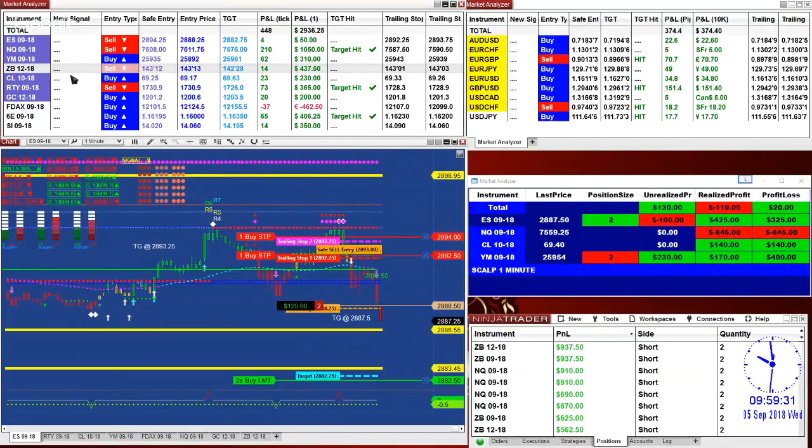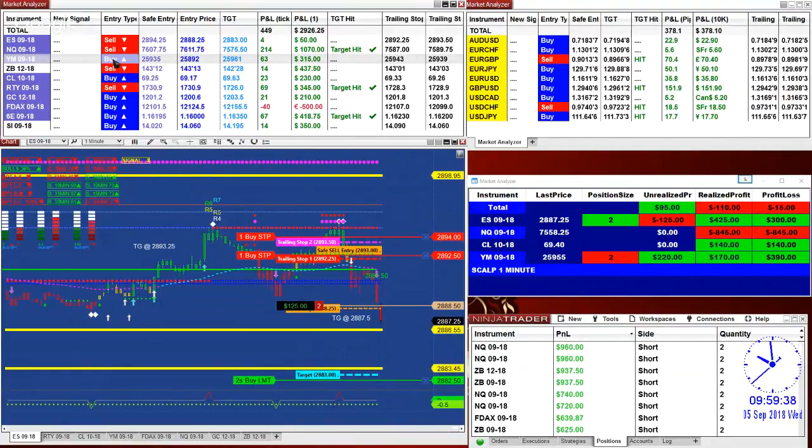And look, the YM is buy, the 30-year Treasury bond is in a down direction, and the ES is in a down direction, and the Nasdaq.